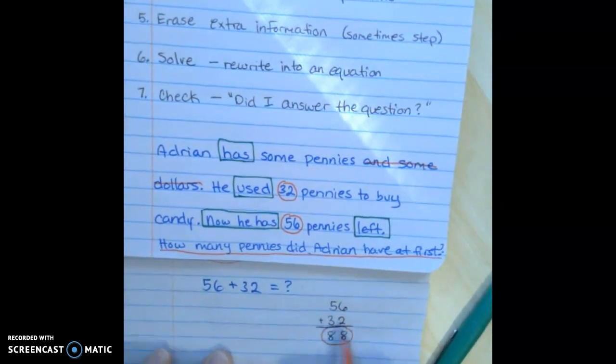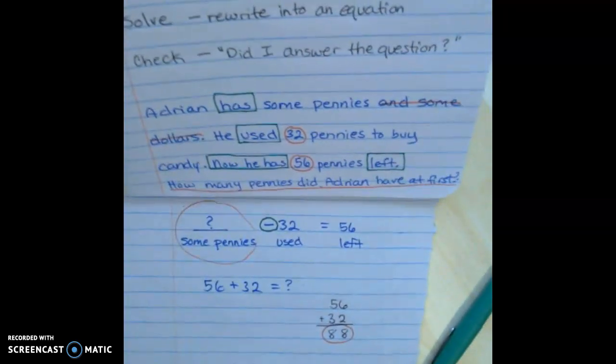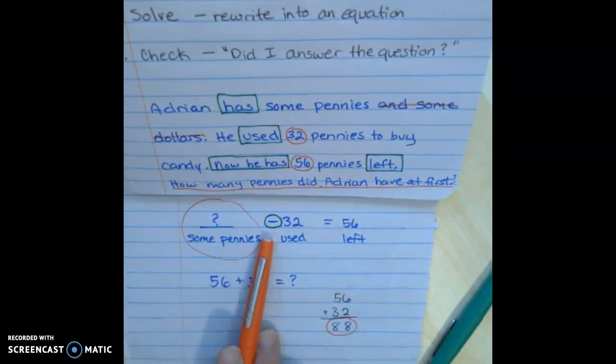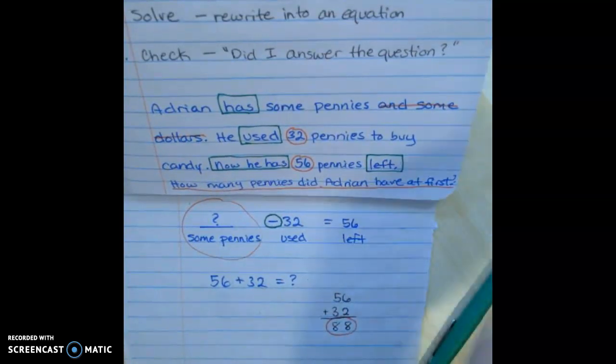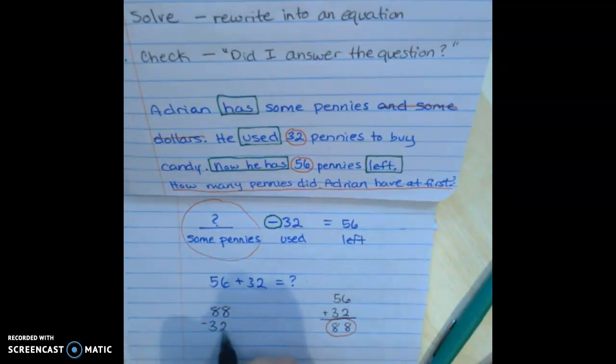So let's plug that back in to where we started to find out, did that answer our question? Okay. So 88 pennies minus 32, would that equal 56? Let's check that. If I take how many we think that he started with, subtract how many he used, we should be left with 56.